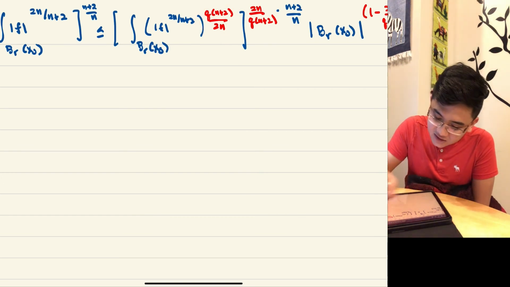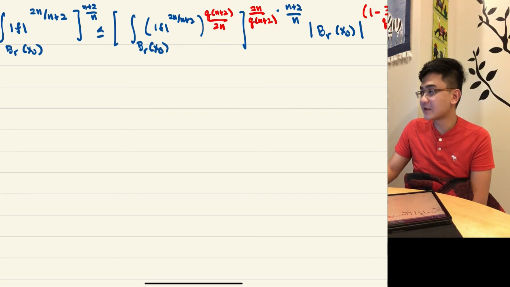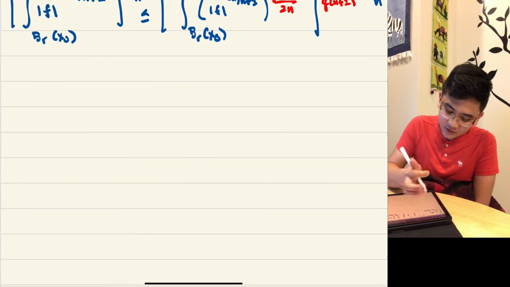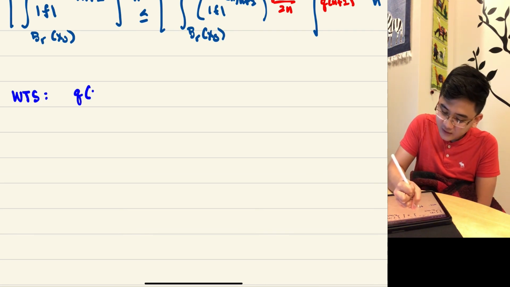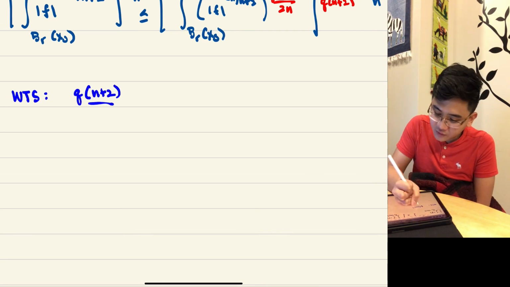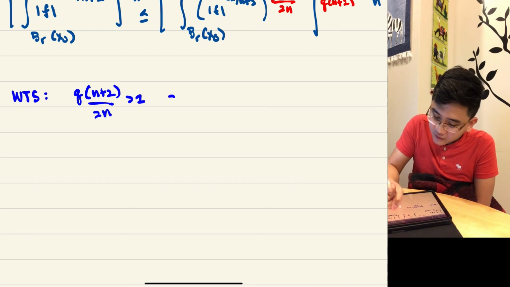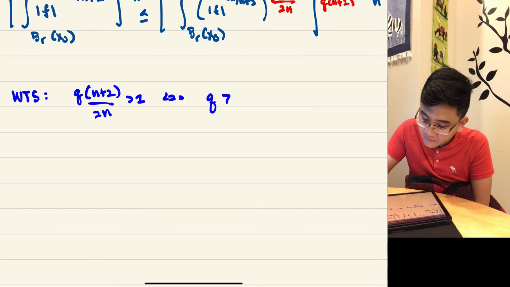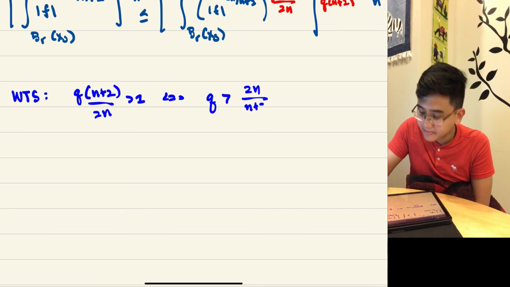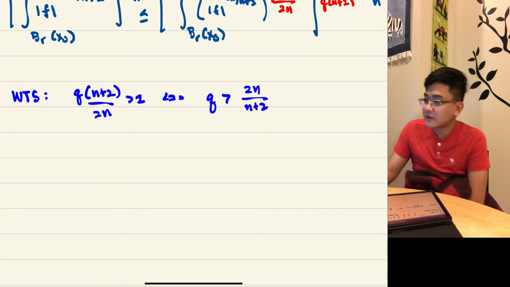Okay, so let us show that. I have the calculation here in my notes. So we want to show that q(m plus 2) over 2n is bigger than 1. Or equivalently, we want to show that q is bigger than 2n over (m plus 2). Okay, so this is easy.